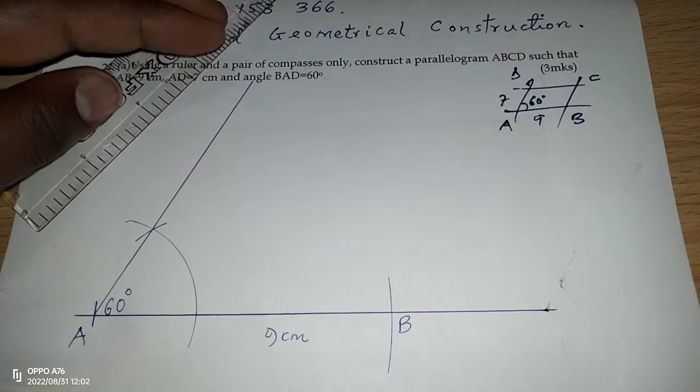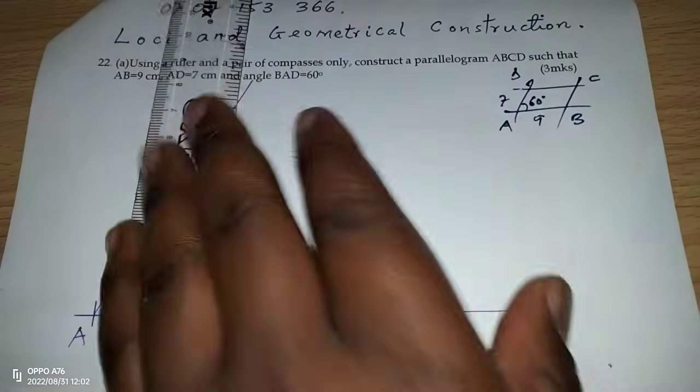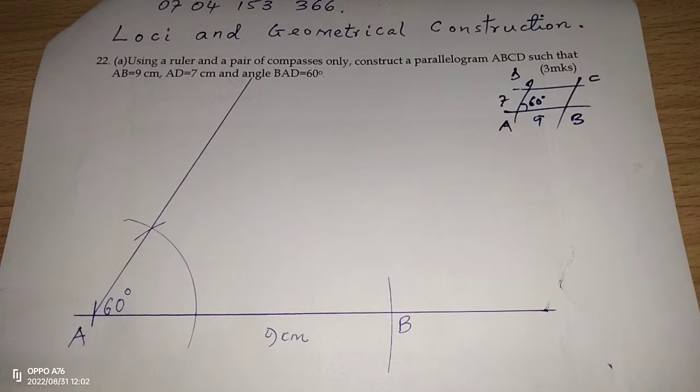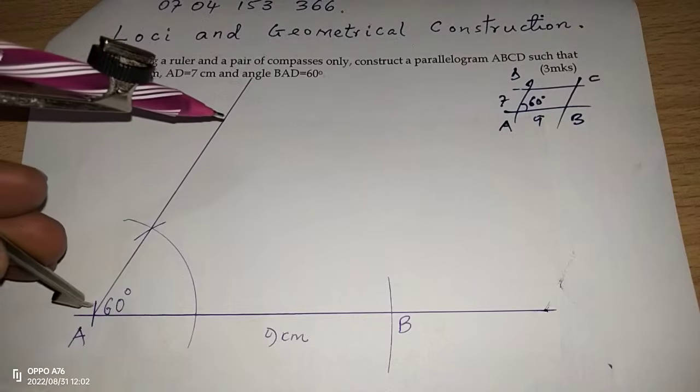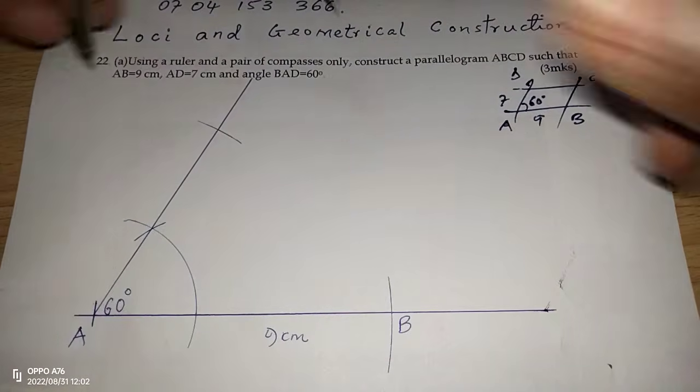Now that I got my 60 degrees there, I can now measure a length of 7 centimeters from A, so that I find where D is.